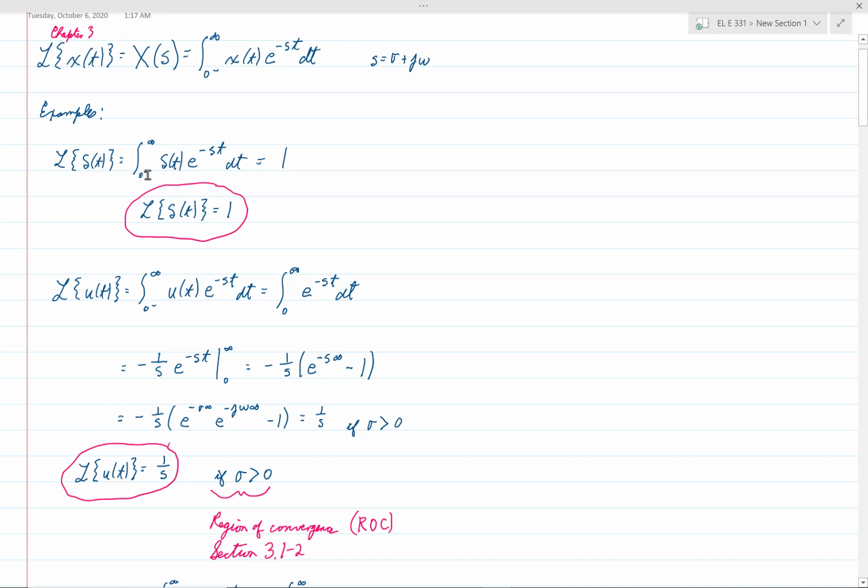If the lower limit had been 0 instead of 0 minus, then this would be cutting the delta function in two, because you remember that the delta function is located right at 0. And so that's why the 0 minus in the definition is important.